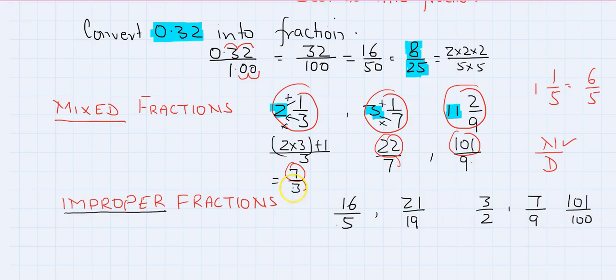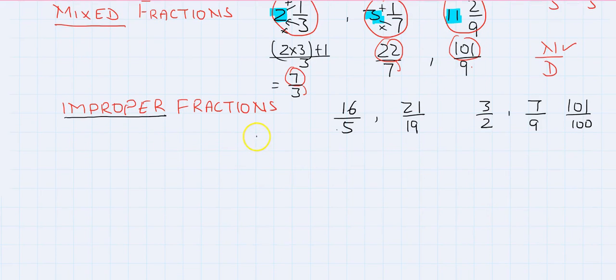So these are all examples of improper fractions. So in improper fractions, the numerator is bigger and the denominator is smaller.